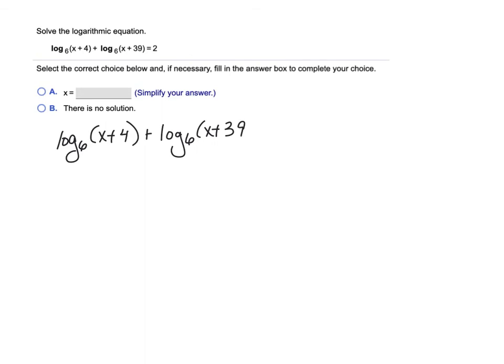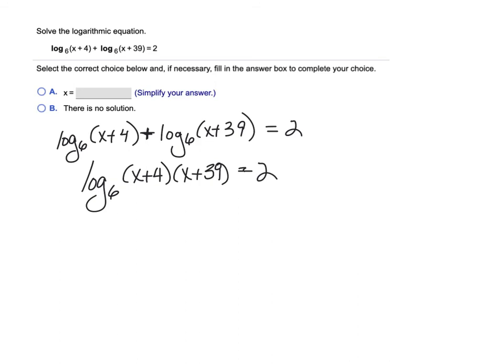We were learning how to condense 2 different logs into one log. So since they're both log of the same base, we can combine them into one log. And if you remember, when you're adding between the 2 individual logs, that means you multiply the terms when you combine them. Okay? So we've combined them into one log.